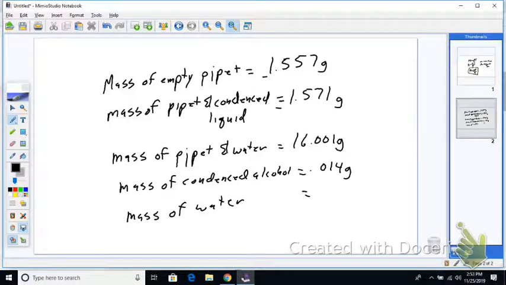I wrote these out somewhere, so I made sure I have them down. All right, where are my answers? Did you get it? What are we supposed to be subtracting? Got to get the pipette mass out of there. So you guys subtract the pipette out.